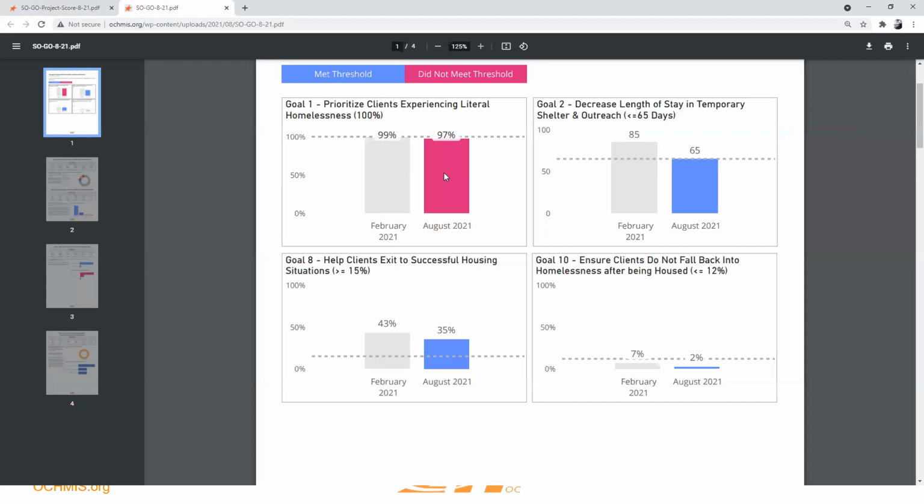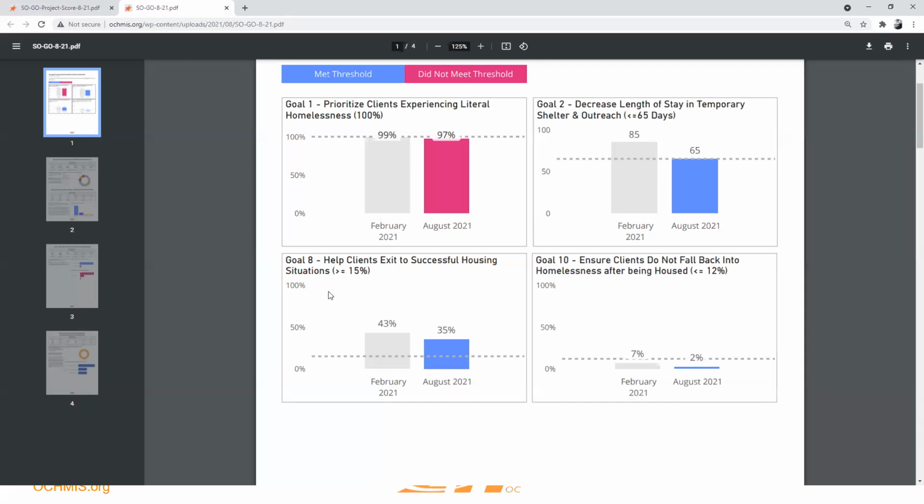I would like to see this get to 100%, since for street outreach, if you're engaging a client in street outreach, that client should be literally homeless. But in a minute, we can look at where those other entries are coming from. We've actually decreased length of stay in street outreach projects, which is great, and we are now meeting that measure, which is 65 days or less.